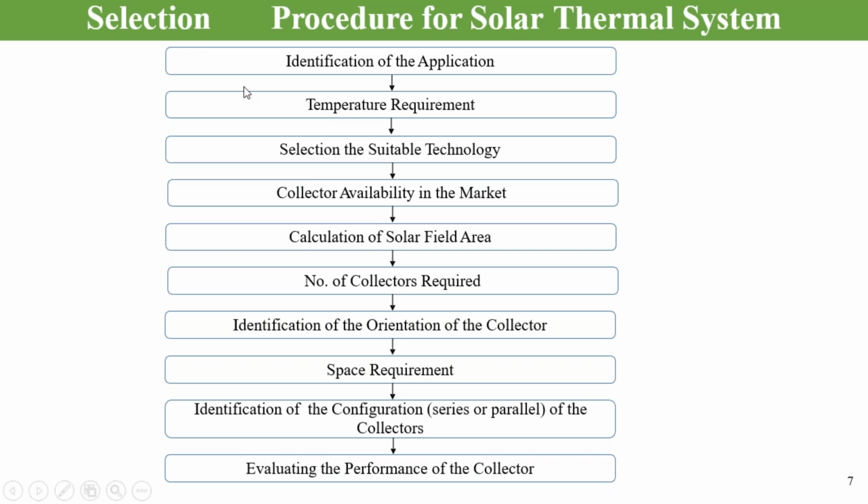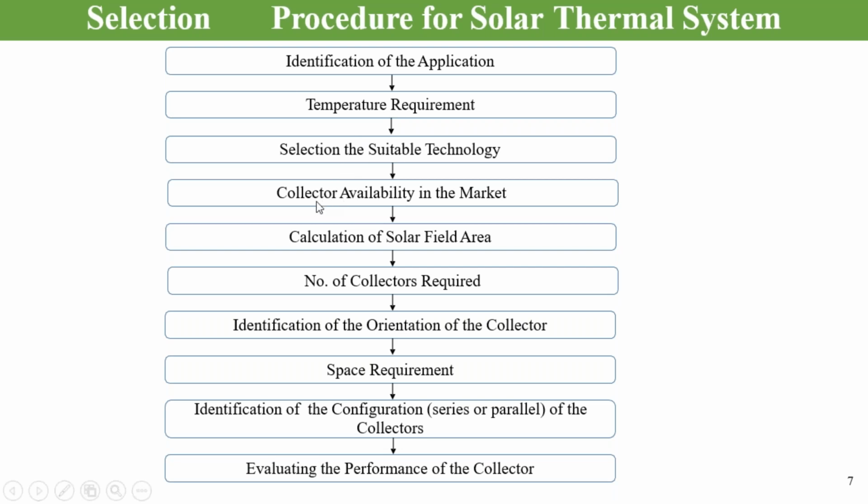Now again, we go to the third step, that is the selection of suitable technology. That means which type of collector we have to use: either a flat plate collector, an evacuated tube collector, a parabolic trough collector, or a linear Fresnel collector. It depends on our temperature requirement.